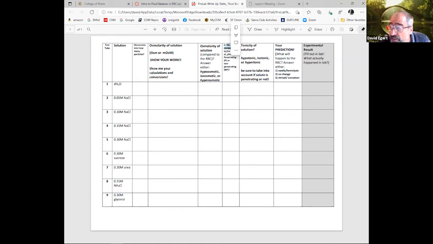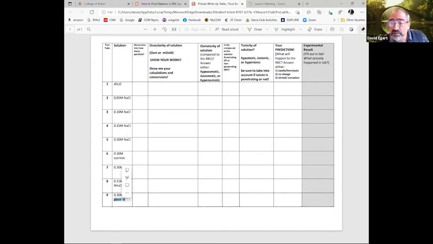Then you've got to think, is it penetrating or non-penetrating? Just as a spoiler alert, salt and sugar do not penetrate. You know that already. Urea, I just kind of told you it does penetrate.